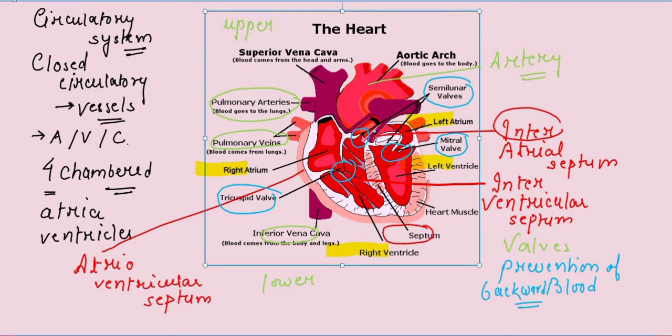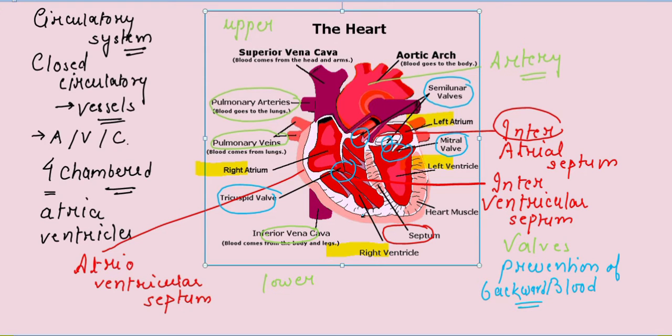And the valve present at the opening of the left ventricle and aorta is also called the aortic valve. So the pulmonary valve and aortic valve are collectively known as semilunar valves as per their shapes.